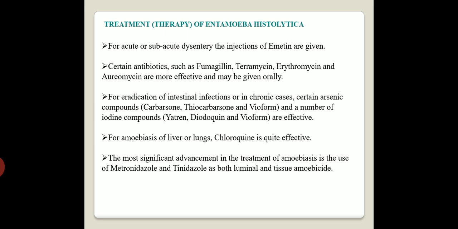For eradication of intestinal infection or in chronic cases, certain arsenic compounds, that is carbarsone, thiocarbarsone and vioform, and a number of iodine compounds, that is entero-vioform, diodoquin and vioform, are very active. For amoebiasis of the liver or lungs, chloroquine is quite effective.